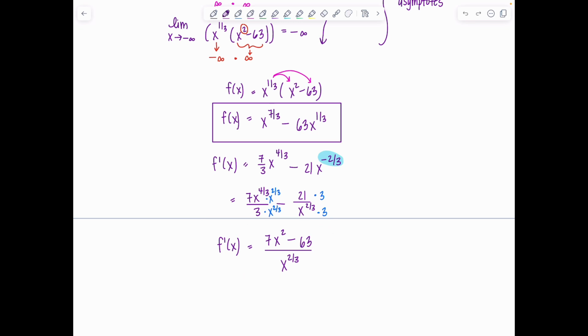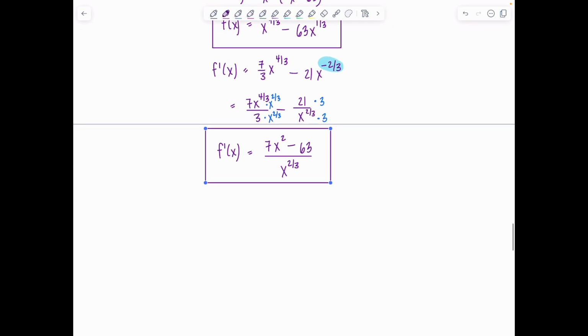All right, now let's go through. Let's get our critical values. Critical values come from two places. First place is where f prime of x is equal to 0. So that happens when the numerator of your derivative equals 0.